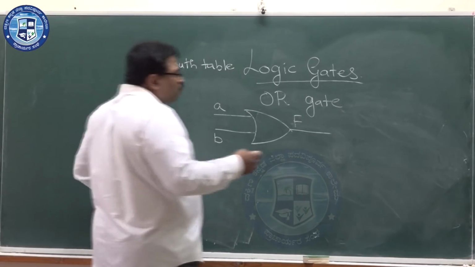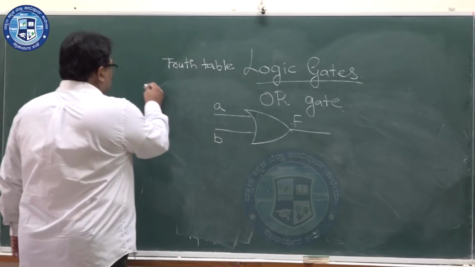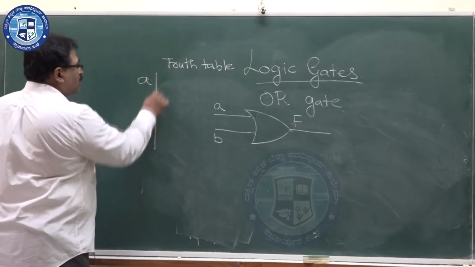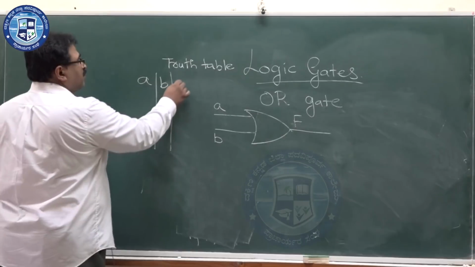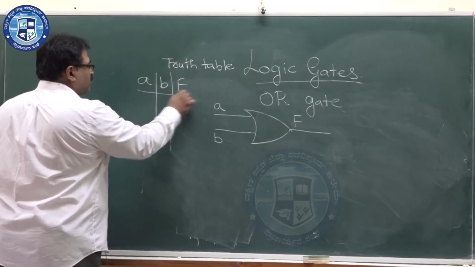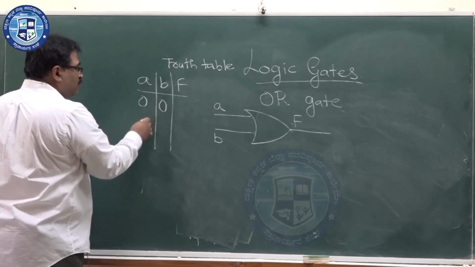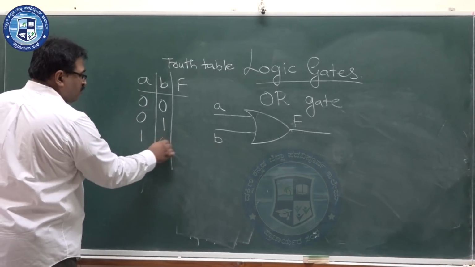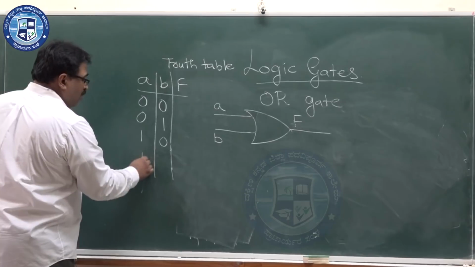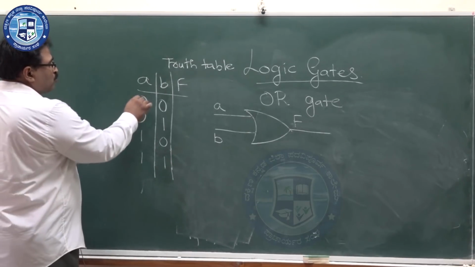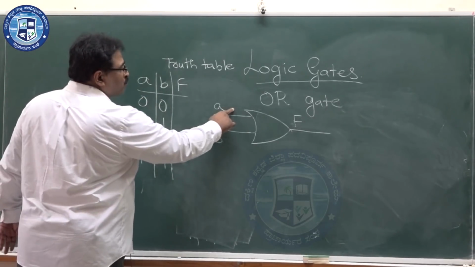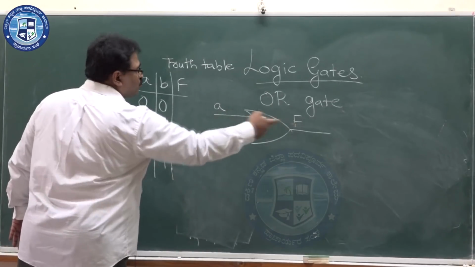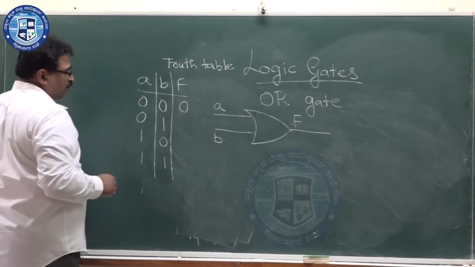So if I show you the truth table, A, B, and the output F: 0, 0, 0, 1, 1, 0, 1, 1. So 0, 0 means I'm going to give 0 volts here, 0 volts here. So what will be the output? 0.